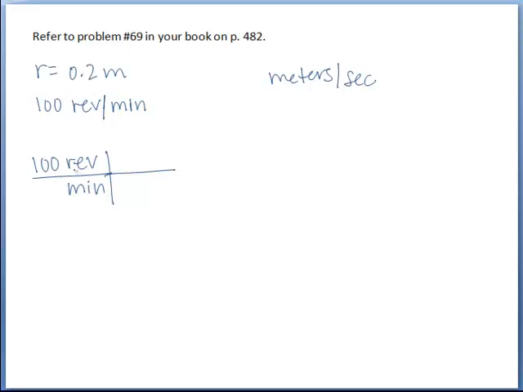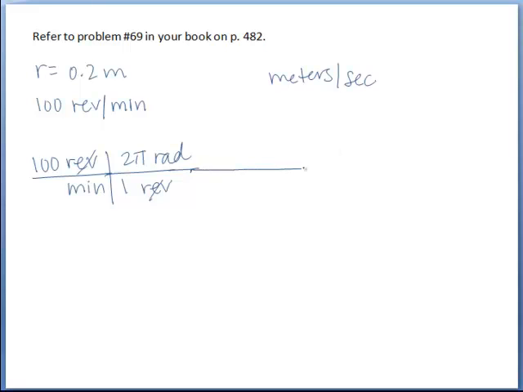So to get our omega, we need to take revolutions per minute and convert that to radians per minute. So 1 revolution is equal to 2 pi radians. Revolutions cancel, and you get 200 pi radians per minute.